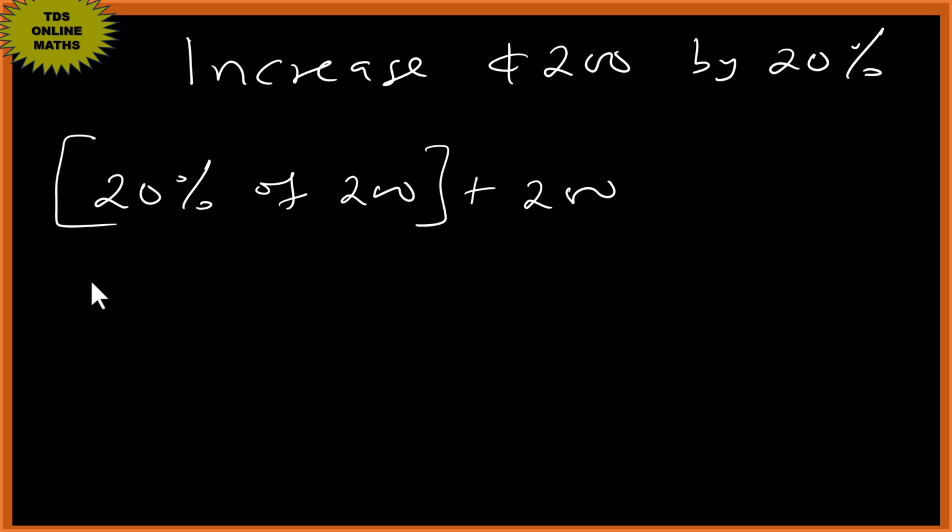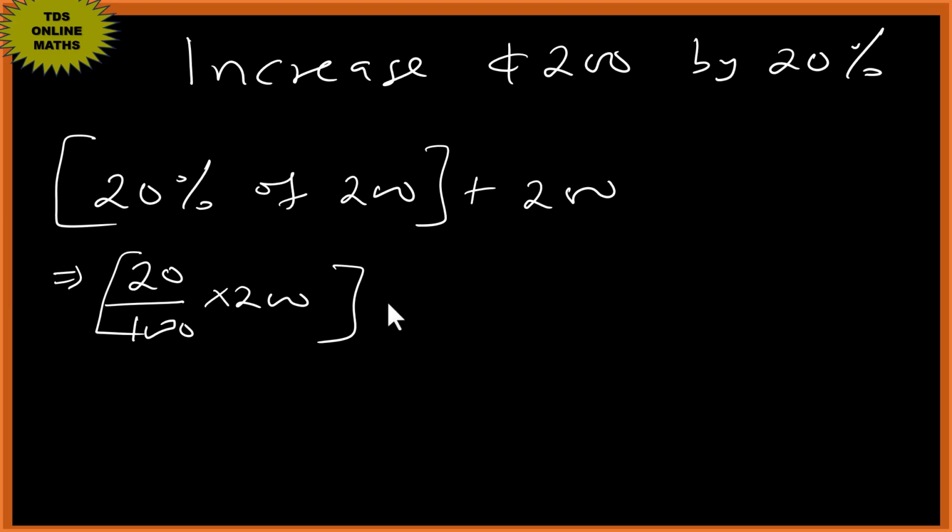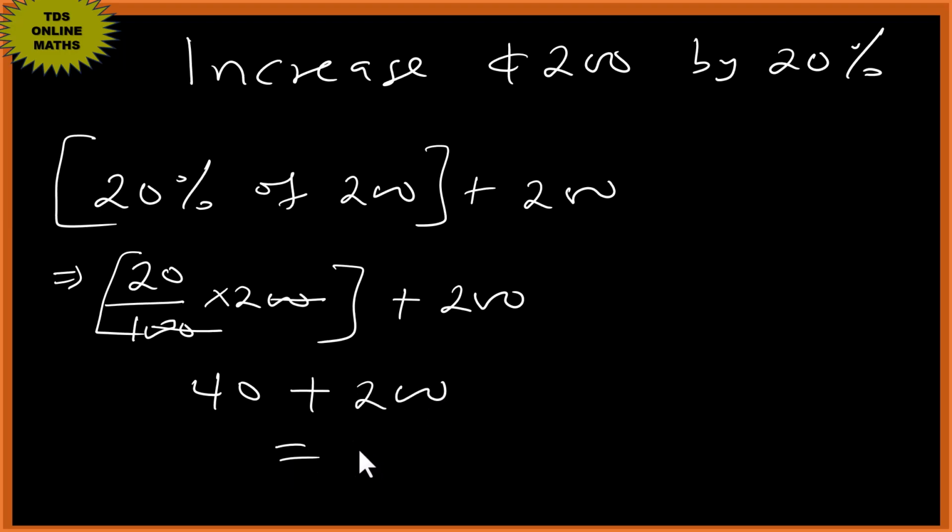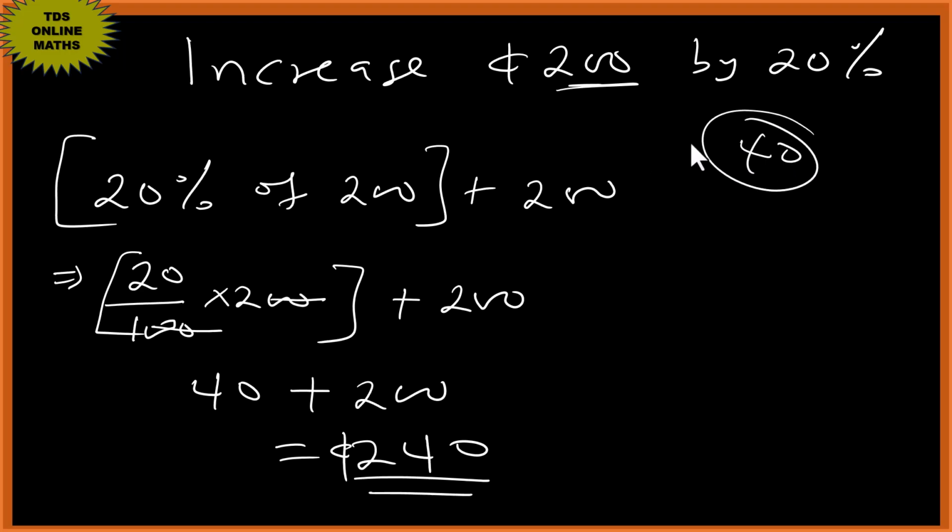So 20 on 100 times 200, plus 200. This one will cancel this, so we have 40 plus 200, that is 240 cedis. So this has been increased by 20%, that is, 20% of this is 40. So 40 plus that is 240.